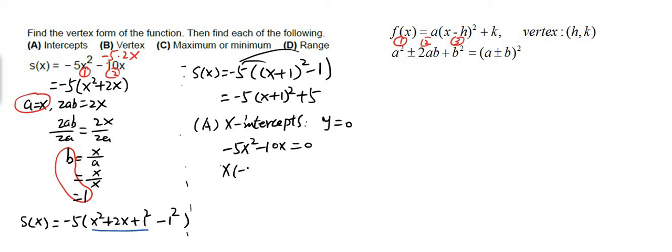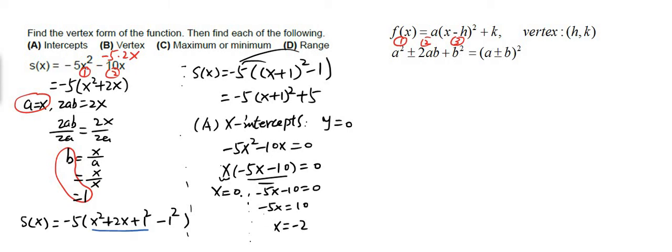If I factor out x, we get x times (negative 5x minus 10) equals 0. So here we have two solutions. One is x equals 0, and the other is negative 5x minus 10 equals 0. We solve it: add 10 to both sides, negative 5x equals 10, divide both sides by negative 5, so that should be negative 2. So we have two solutions, and that means we have two x-intercepts.